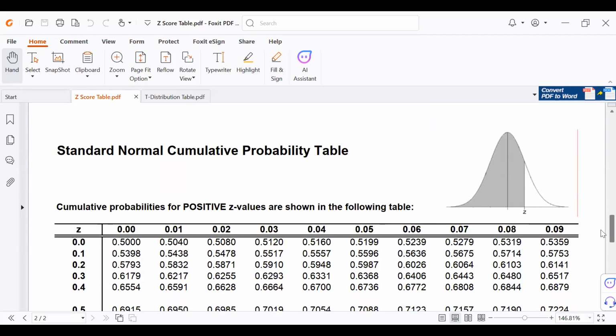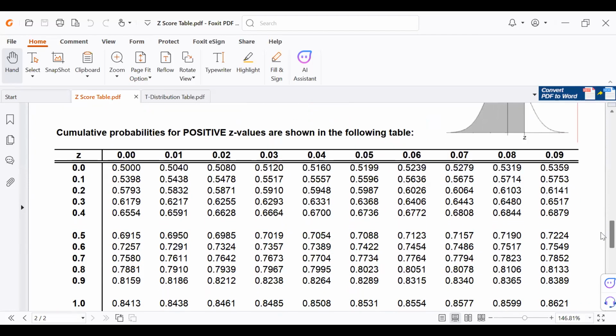Yes, please. You remember you asked a question about how we read the table. So let's see how we can read the 0.39. On the Z column, you move to where we have 0.3. That is the first figure. And then the second one is 9. So we want to add 0.09 to this to make it 0.39.